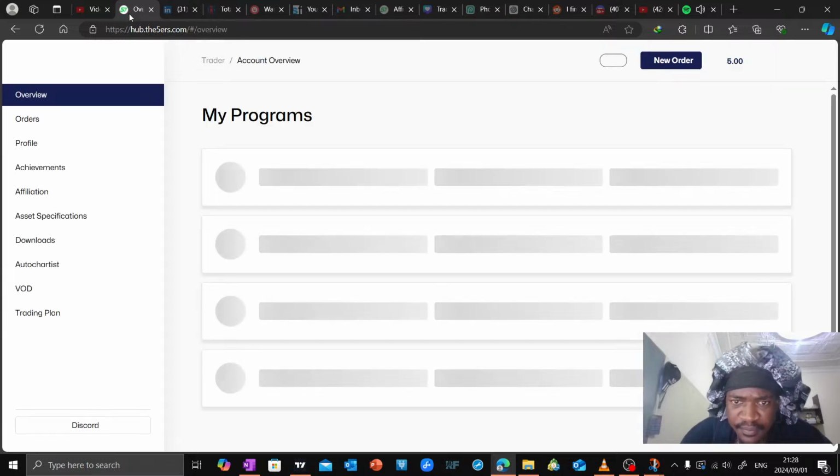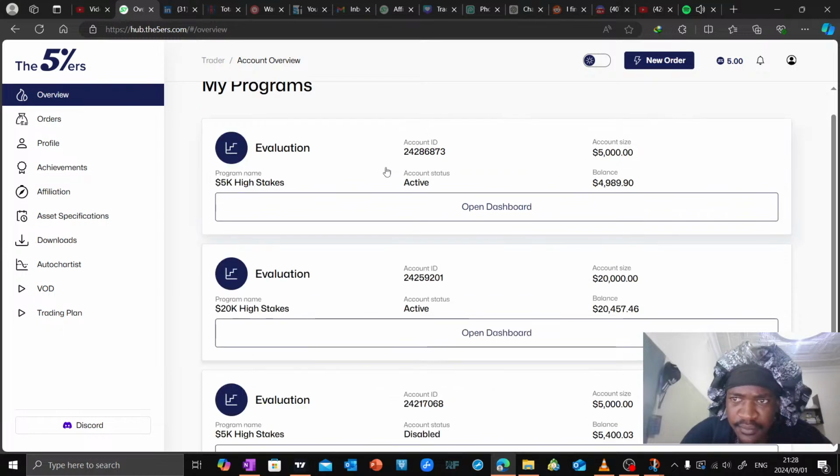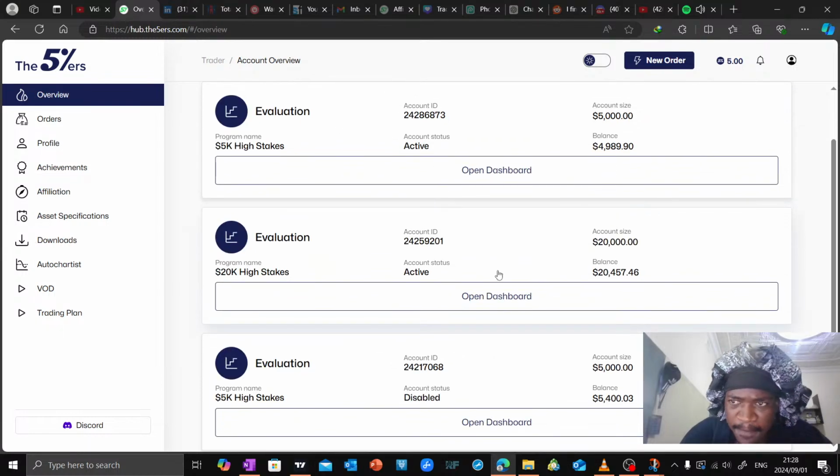So this is my account, the 5,000 account. We paused our phase 1 5K account.